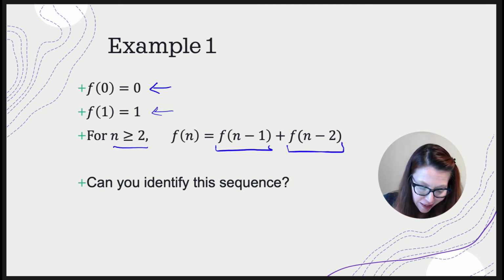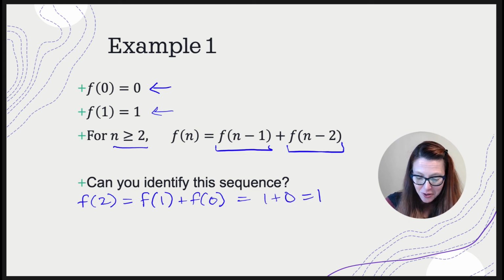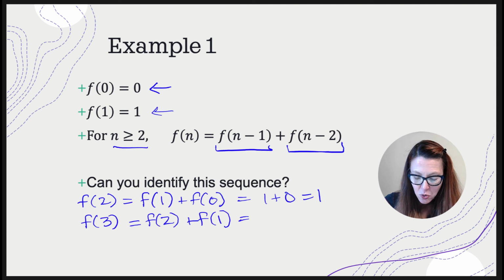So what does that look like? Well, f of 2 is just the sum of f of 1 and f of 0, which is 1 plus 0, or 1. F of 3 is the sum of f of 2 and f of 1, which is 1 plus 1, or 2.